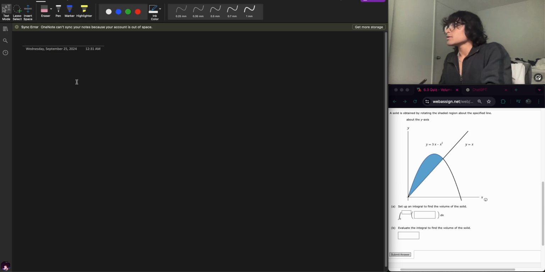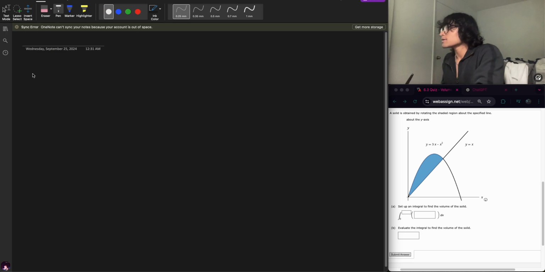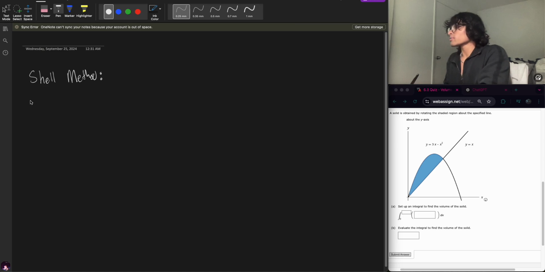So first things first. The shell method is a formula that you have to memorize, right? The shell method formula goes like this. The volume.